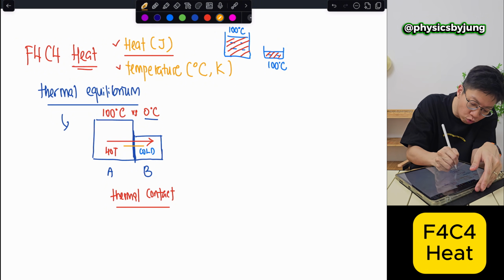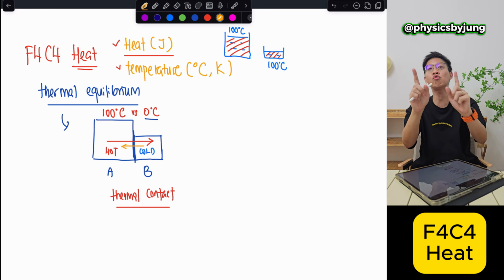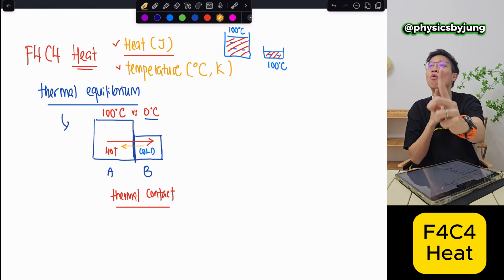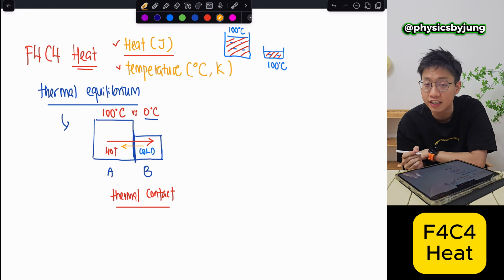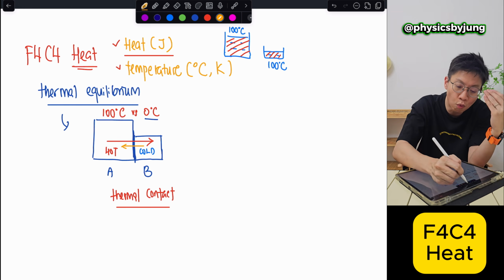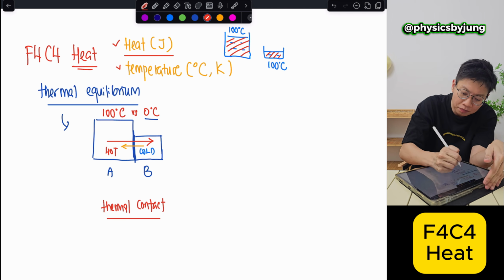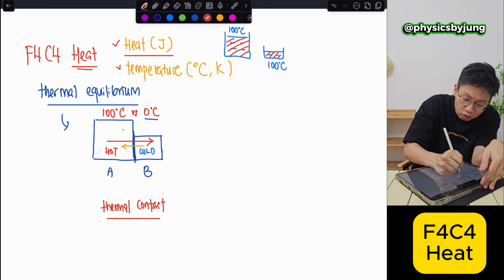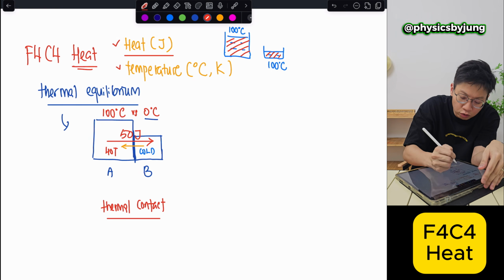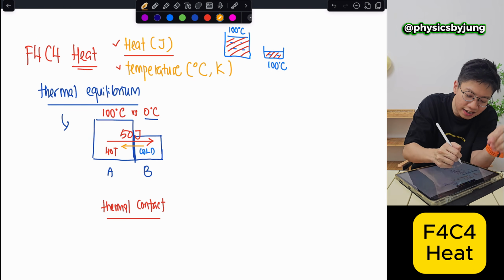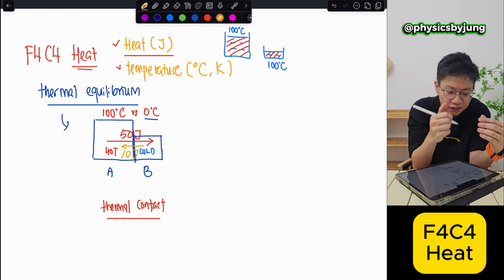So remember the rule that I say: when two objects are in contact, touching each other, there will always be an exchange of heat energy. But then, why will B become hotter? Because maybe A gives 50 joules of heat energy to the cold object, but the cold object only gives back 10 joules. So they exchange, but they exchange different amounts of heat energy.